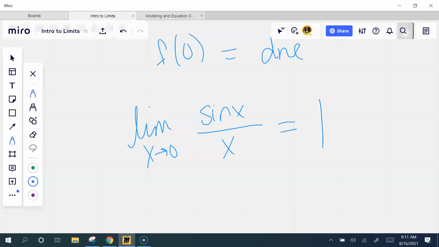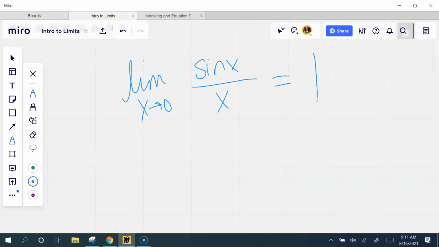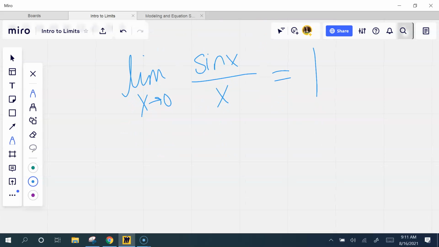So we're saying x can't be 0 for this function, but as it gets closer and closer to 0, it gets closer and closer to 1 on y. Right.